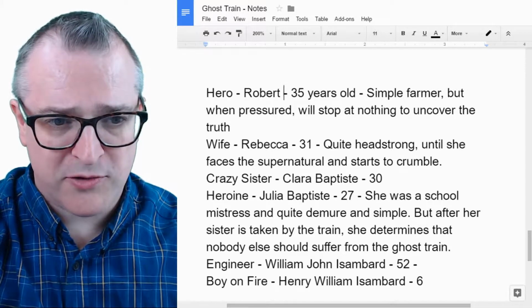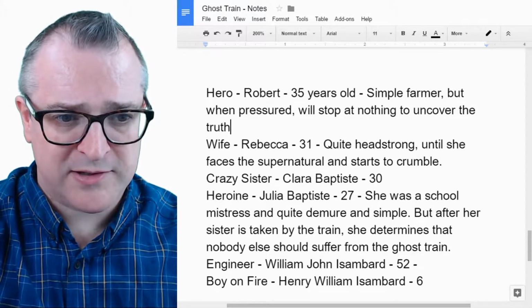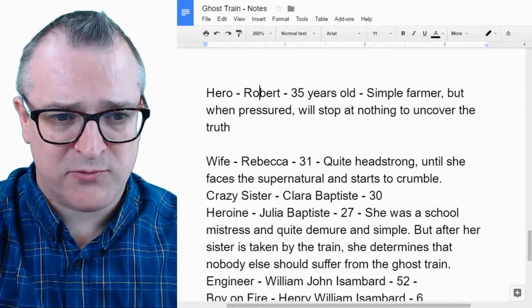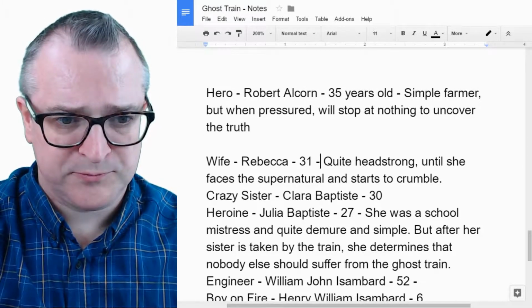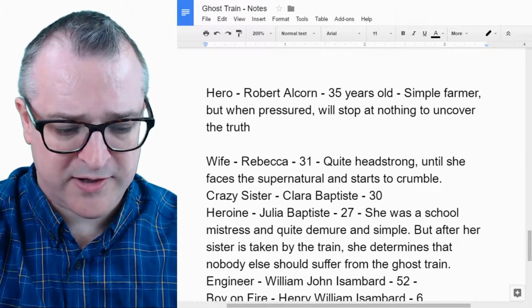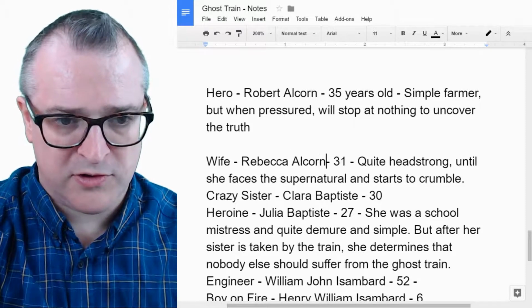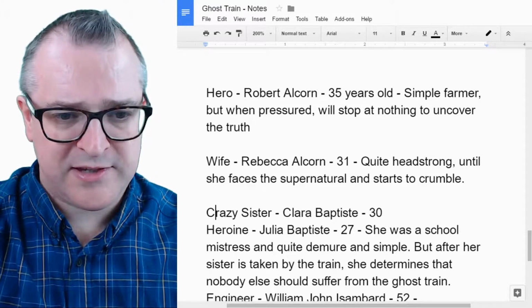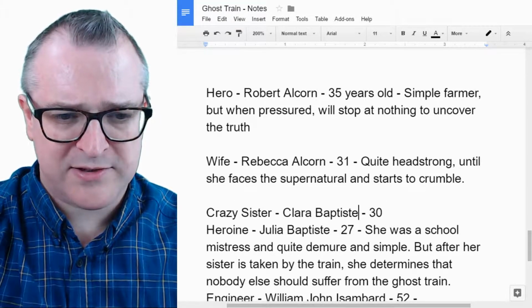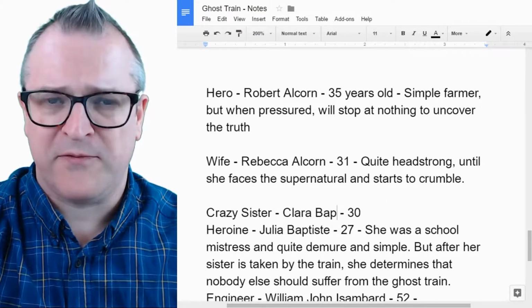And I'm going to call, if we come down a little bit, our hero is Robert. We're going to call him Robert Alcorn. And his wife is Rebecca Alcorn. So we picked out a nice surname. And then of the sisters, I think we called them Baptiste at the beginning, but that's quite a foreign sounding name.